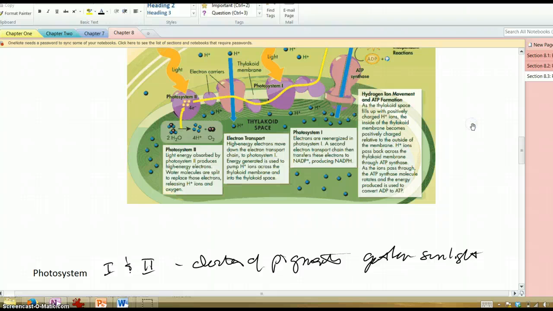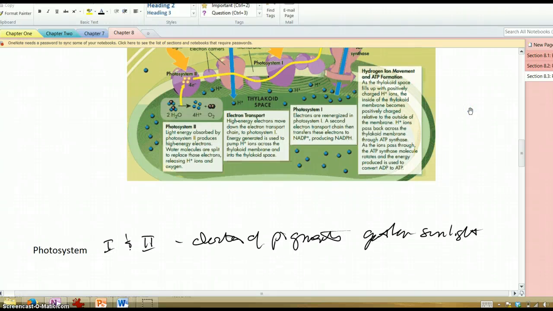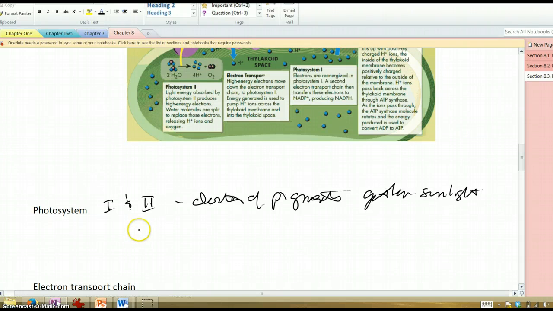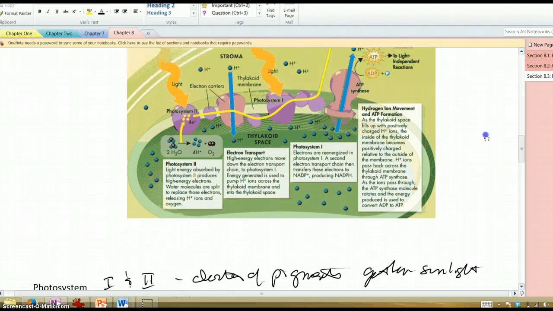and what happens is that energy gets these pigment molecules so excited, in particular chlorophyll A, and when chlorophyll A gets really excited, it releases energized electrons.